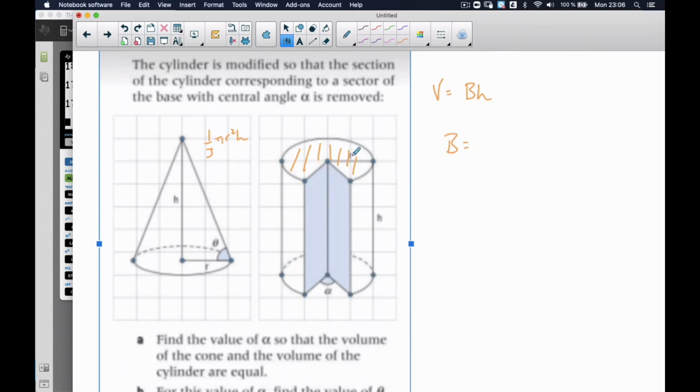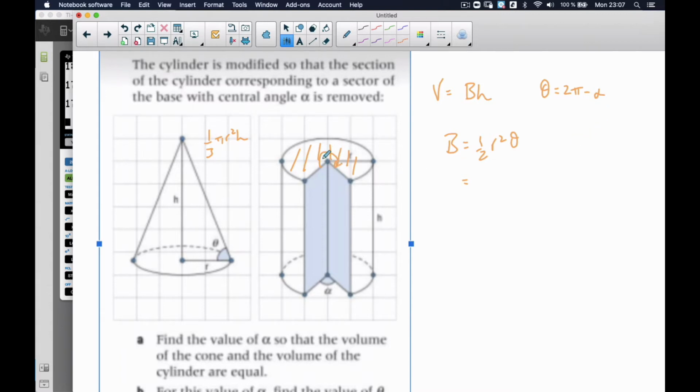The base area: we know the formula for the area of a sector is half r squared theta. And this whole angle here is going to be theta because that's the area I have. So theta then is going to be 2 pi, I'm going to do it in radians because this is a radian formula, minus alpha.